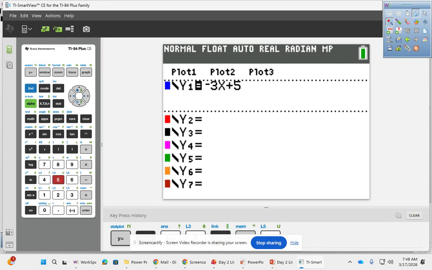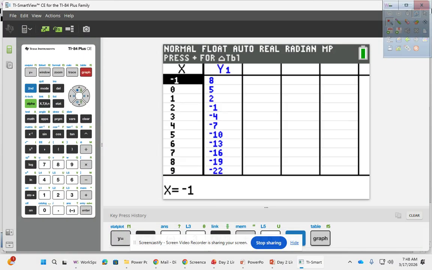And then from there I could go to the table and just pick any 2 points from the table that are plottable on the graph. What I mean by plottable is that obviously I can't plot negative 22. There's not enough graph for that. So you want to pick 2 of the ones in here to plot the line. So one way to do it is to use your graphing calculator.